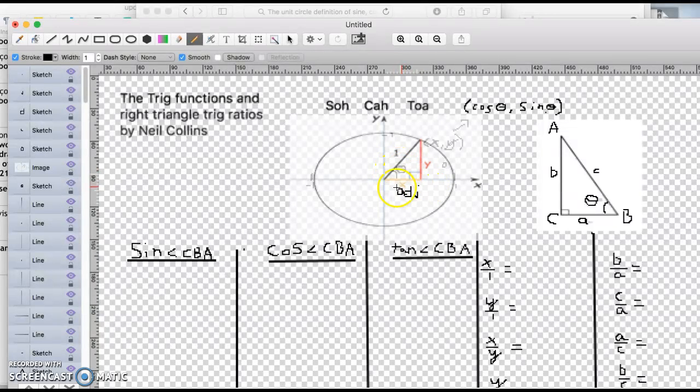So from this delta, this is the adjacent, the x, and the y is going to be opposite. Perfect. And then this hypotenuse is going to be 1 because the radius of the circle is 1. So therefore the hypotenuse is 1 as well.